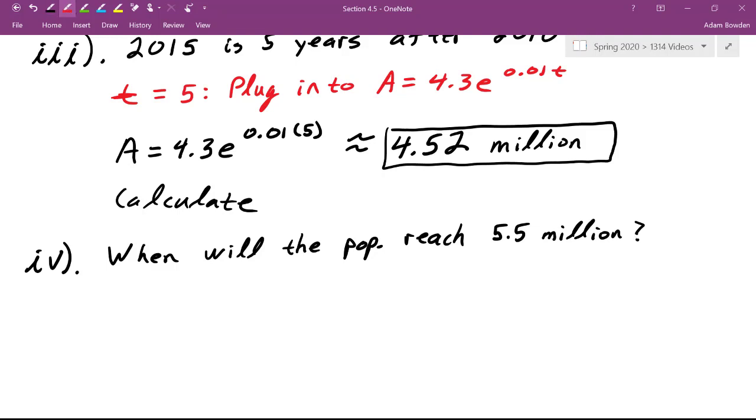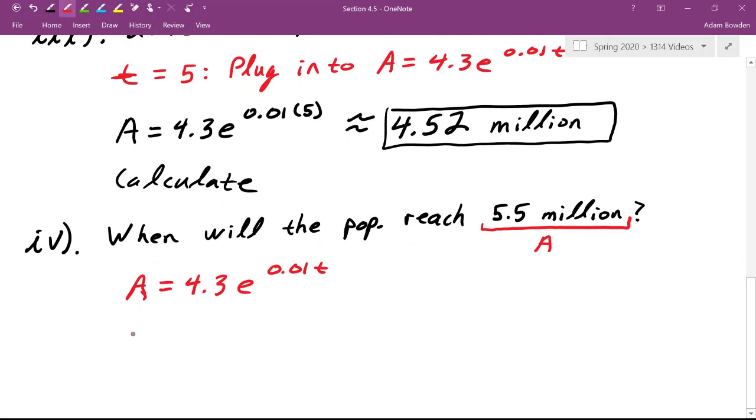So when referring to a future amount of population, that's going to refer to the value for A. And so A, again, is our 4.3 e to the 0.01 t. So if I use 5.5 for A, it would be 5.5 equals 4.3 e to the 0.01 t.